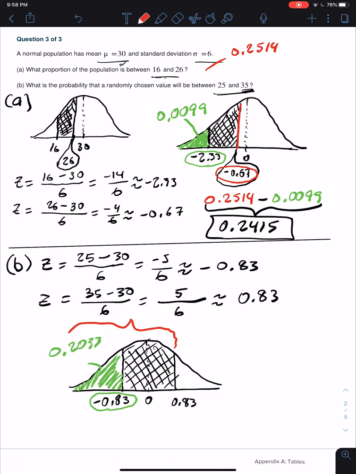Using the same pattern we did before, figuring out the area from here to here. Can I fit that in? Using a z-score of positive 0.83, I get a pretty large area of 0.7967.